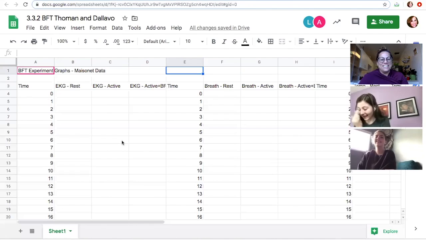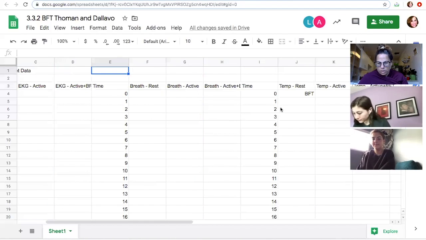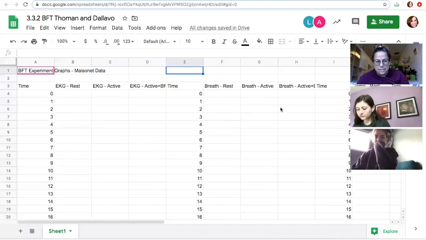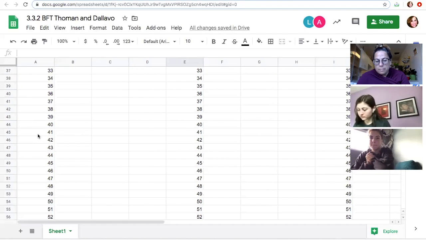Okay. Well, here we are. So I set up your first table or chart for you, which is what we're going to take the first graph of, so that you at least have some headings so you know how you should organize it. Obviously, we have all these columns with the time, right?